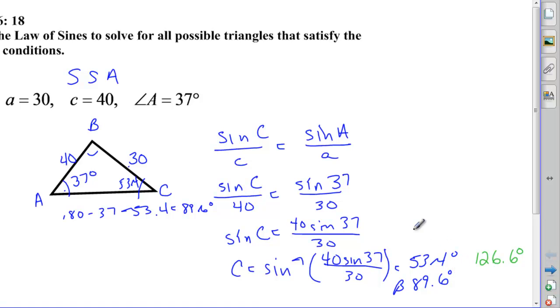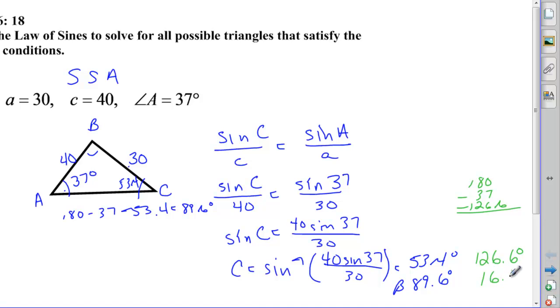Now we also have to go through and figure out, will it work if there's a green triangle? Well, again, let's do 180 minus 37 minus 126.6. If I do that, I get 16.4.